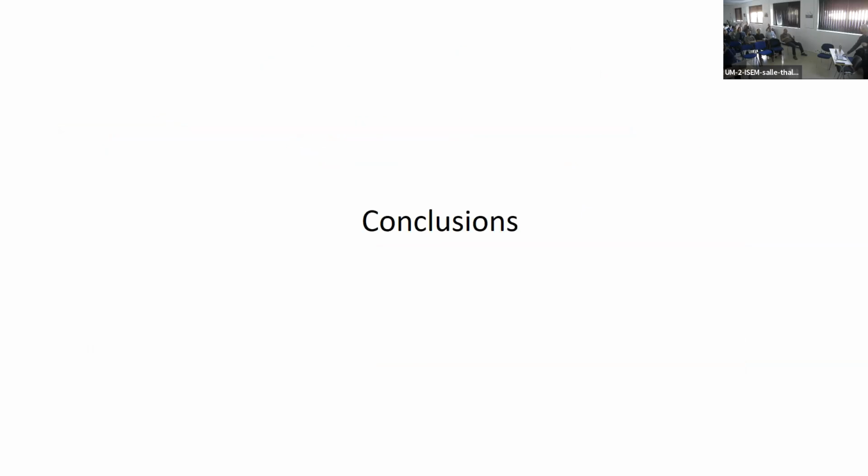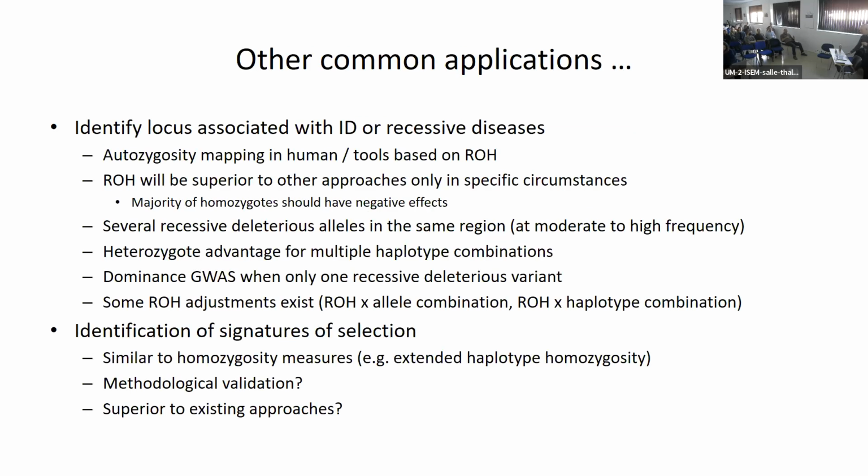With this, I will move to my conclusions, and I would start with a comment. I didn't review all the applications you can do with runs-of-homozygosity. What is done more and more often now is to use runs-of-homozygosity to make a GWAS, to try to find regions that cause inbreeding depression or to find deleterious alleles.